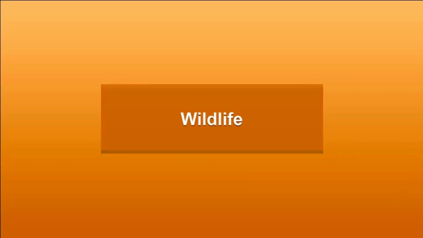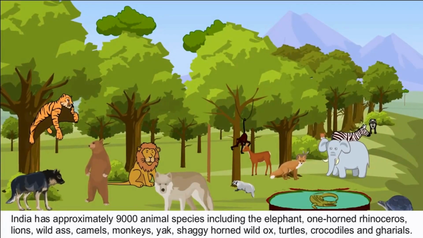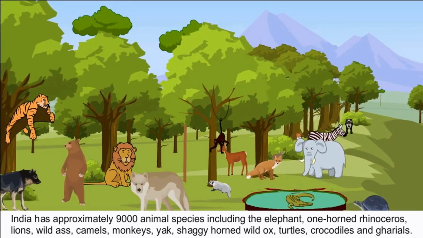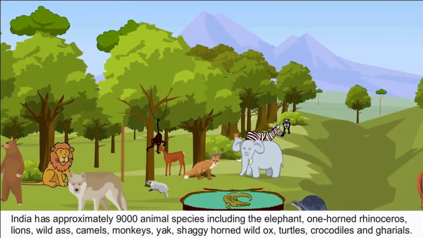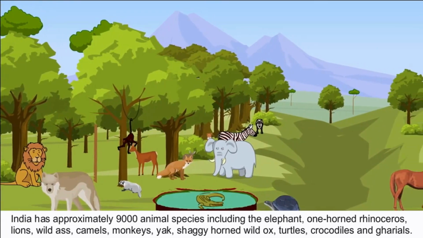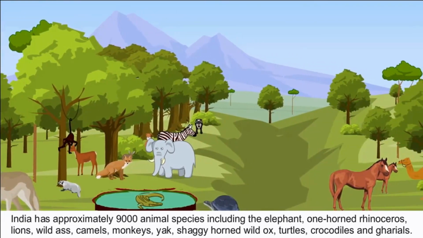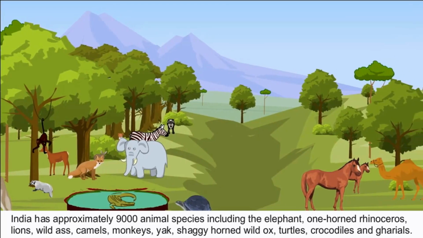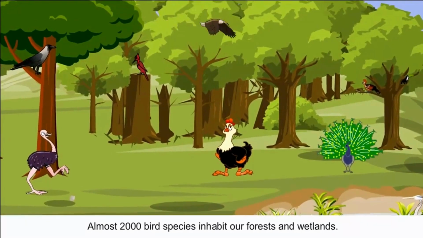India has approximately 9,000 animal species, including the elephant, one-horned rhinoceros, lions, wild ass, camels, monkeys, yak, shaggy-horned wild ox, turtles, crocodiles, and gharials. Almost 2,000 bird species inhabit our forests and wetlands.